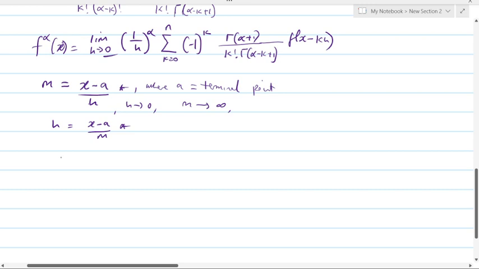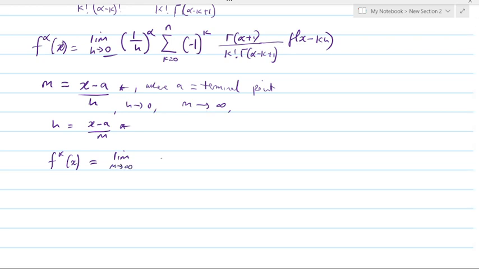So that means I'm going to have f alpha of x equals the limit. So instead of h tends to 0, we have m tends to infinity, because we want to introduce 1 over h, that is 1 over x minus a over m.